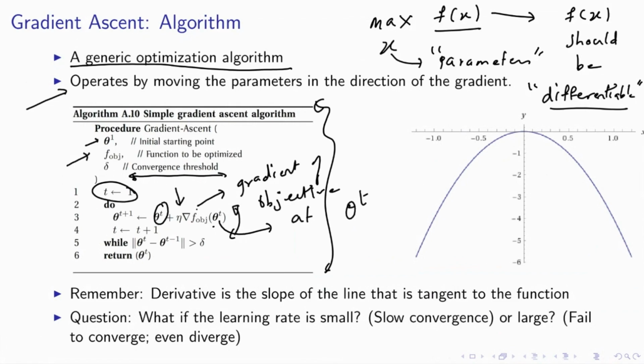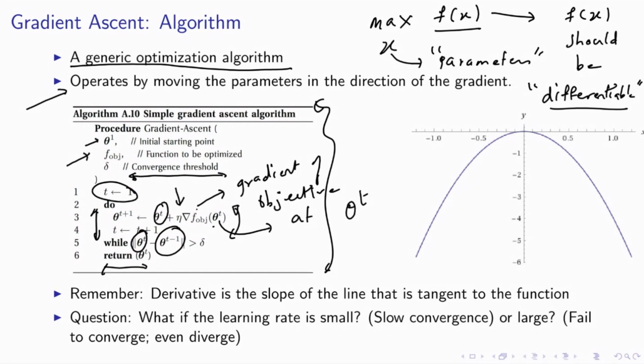Okay, so theta t plus 1 is nothing but theta t plus eta times the gradient. Okay, and you keep on updating until, as I said before, the difference between the current solution, which is theta t, and the previous solution, which is theta t minus 1, is less than or equal to delta, which means that the solution did not change much. And at the conclusion, you return the so-called converged value for the parameters theta.